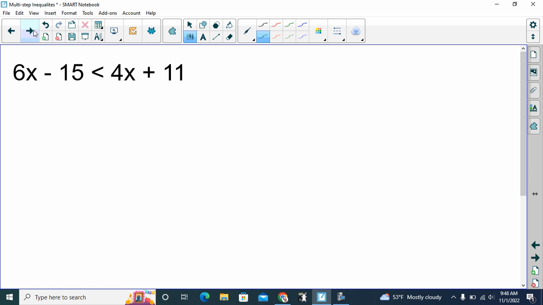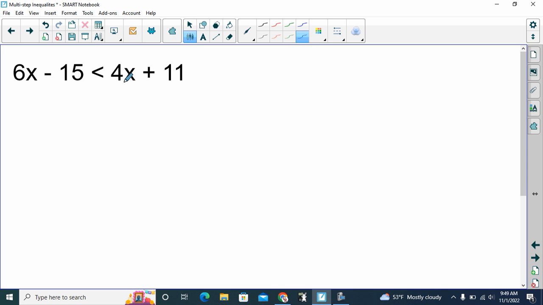Example 2, 6x minus 15 is less than 4x plus 11. I don't have anything I can distribute.